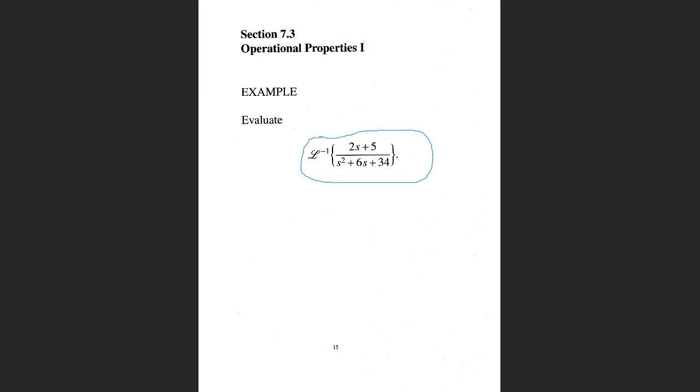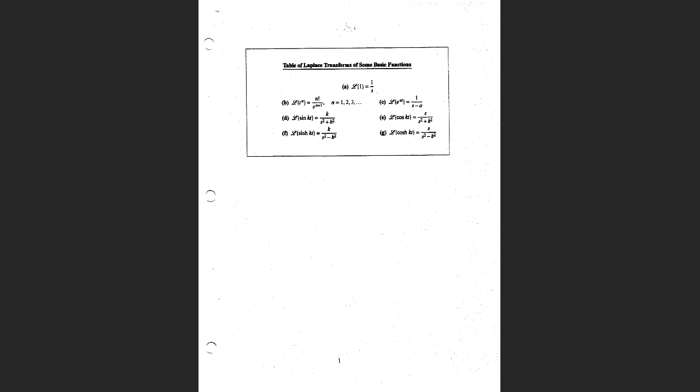So, as always, I'm thinking about my table. Yeah, well, Zachary, you're right. We're going to have to do the 2s plus 5 divided by s squared plus 6s plus 34. We're going to have to manipulate that in order to find the inverse Laplace transform. Okay, and I always keep my table in mind.